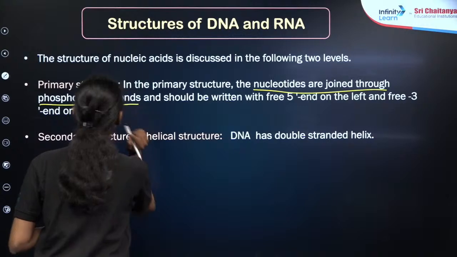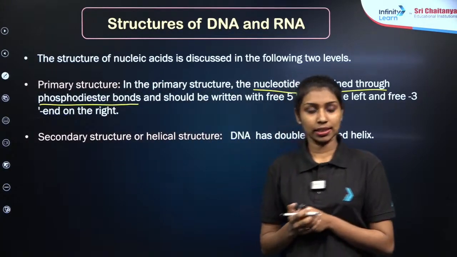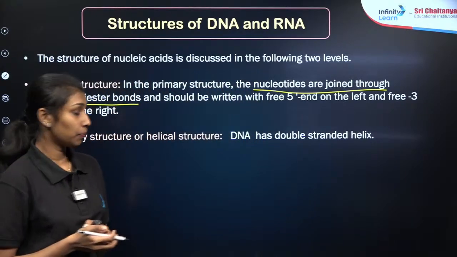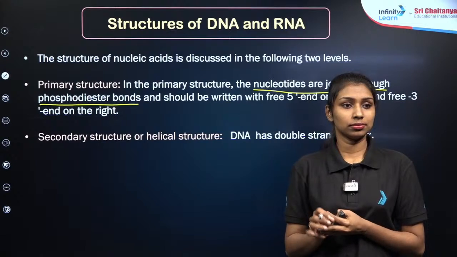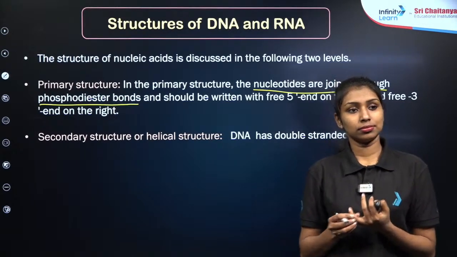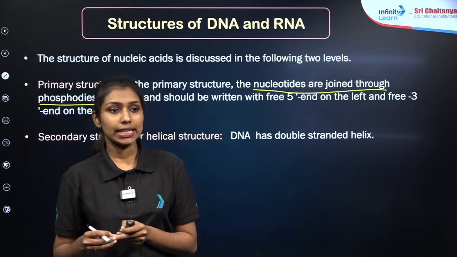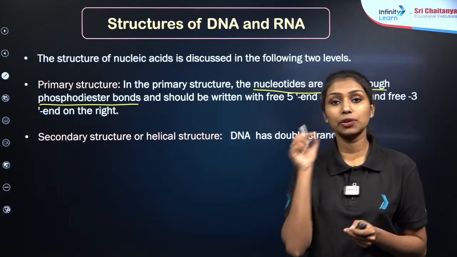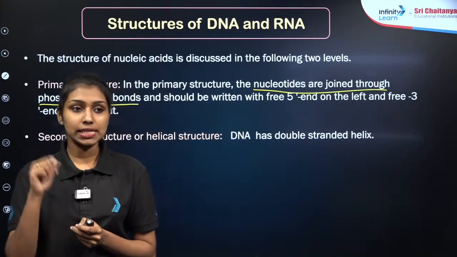Okay, what do you mean by the phosphodiester bond? We have already discussed this in the previous classes, about the nucleic acids and the nucleotides. It is a particular bond that is formed between the phosphate group and the sugar moiety present in the nucleotide.